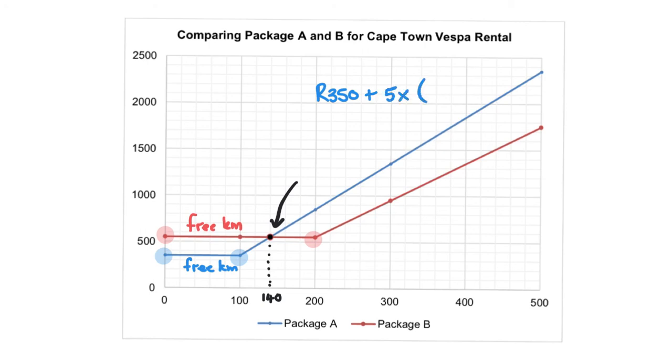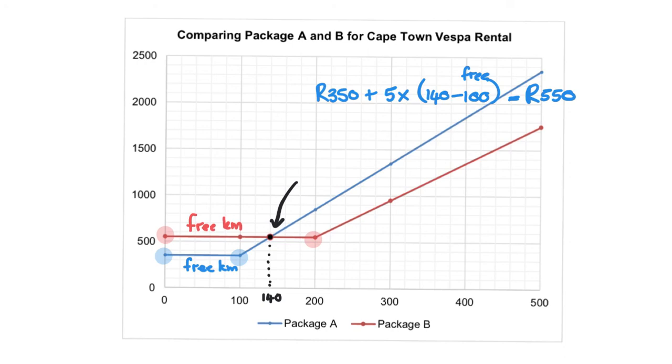So if I'm looking at 140 kilometers, I'm going to say 140 minus 100 free kilometers, or you can just put 40 in there if you know that answer already. And that gives me an amount of 550 Rand.